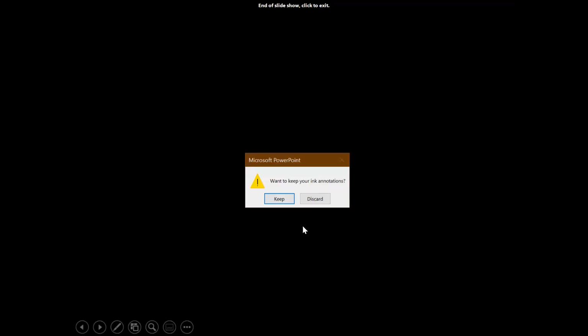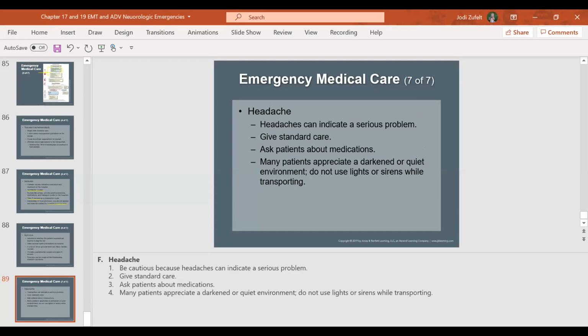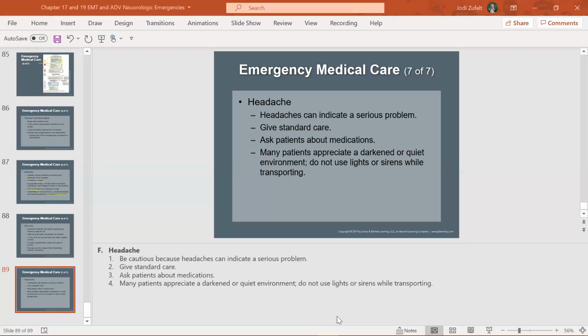Okay, that is that. So now what I'm going to do is share the stroke protocol, which is right here from Ada County.